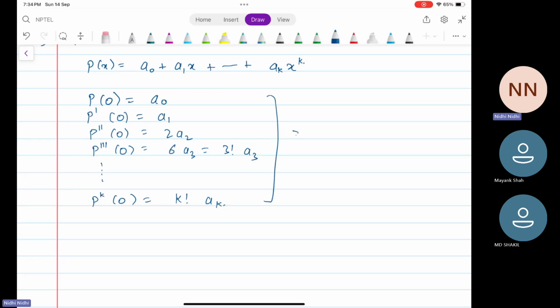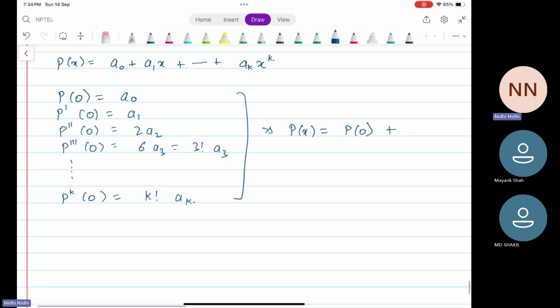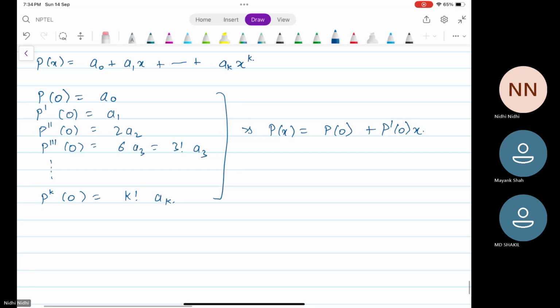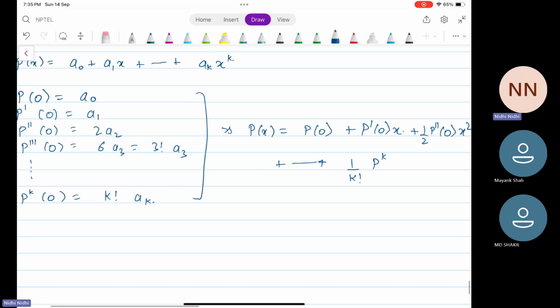So from here, we can write p(x) equal to, replacing a0 by p(0), then a1 by p'(0) times x, then a2, this is 1/2 times p''(0) x squared, and so on up to 1/k! times the kth derivative of p at 0, x to the power k.